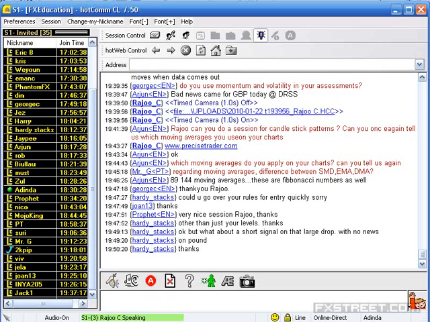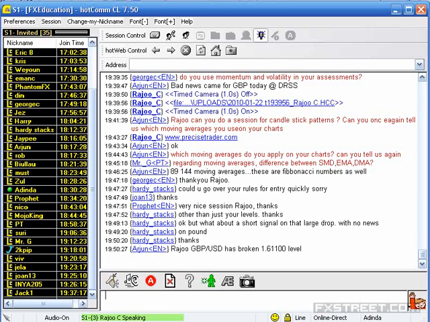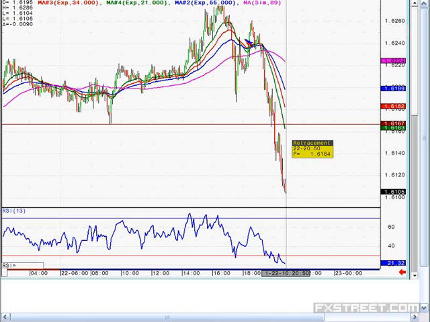The next one is, what about a short signal on that large drop with no news? I didn't get your question. Okay, always what we should be doing, as I told you, this is a 5-minute chart. You should always remember that you should be buying the valley and selling the peak.